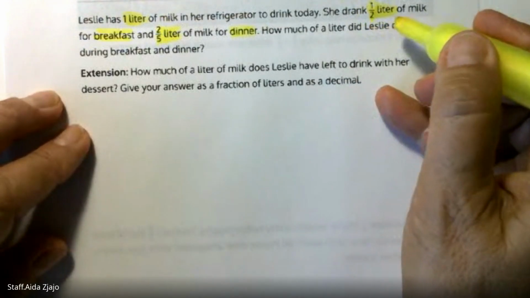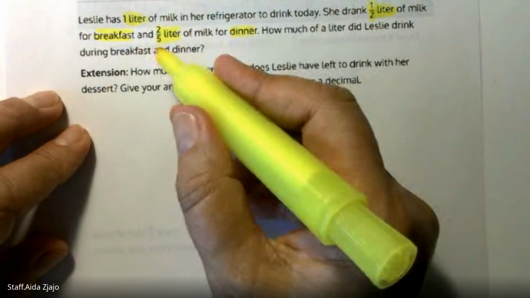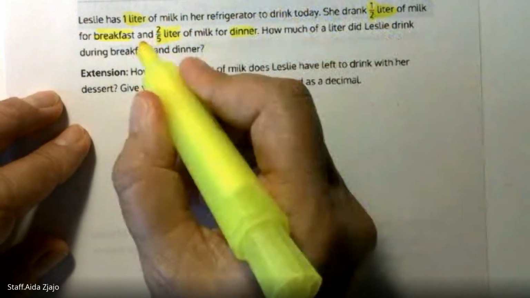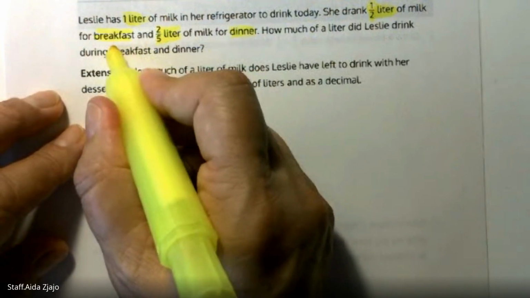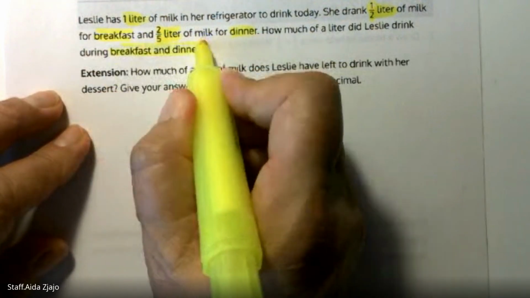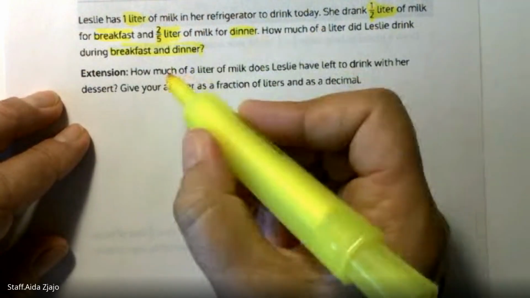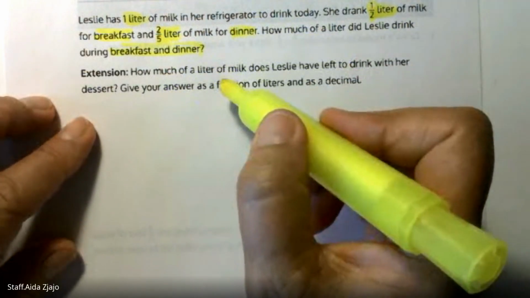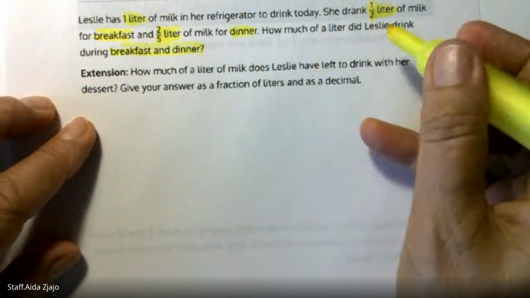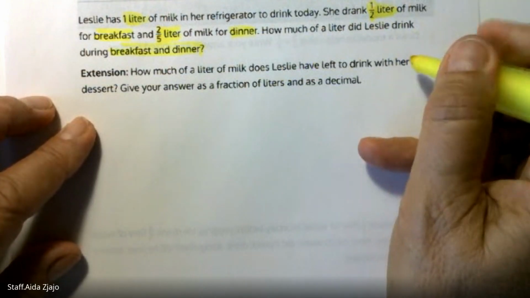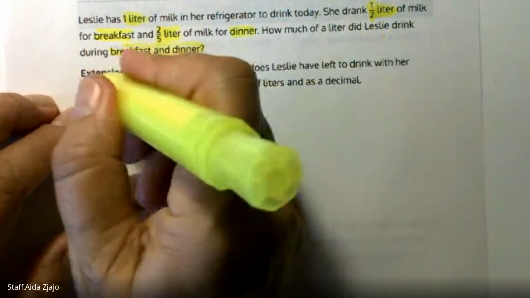How much of the liter did Leslie drink during breakfast and dinner? An extension says, how much of the liter of milk does Leslie have left to drink with her dessert?